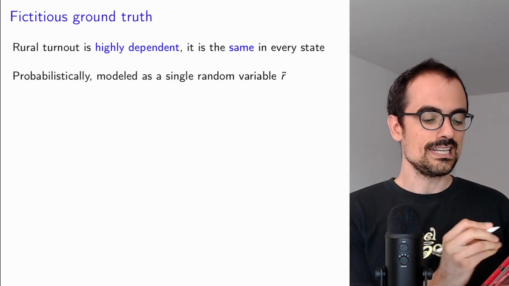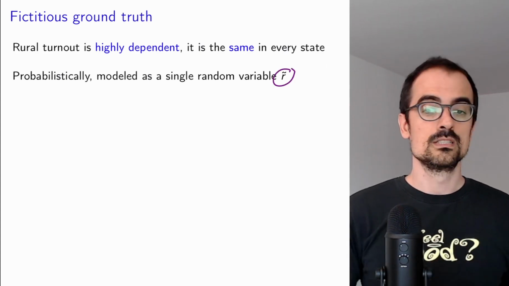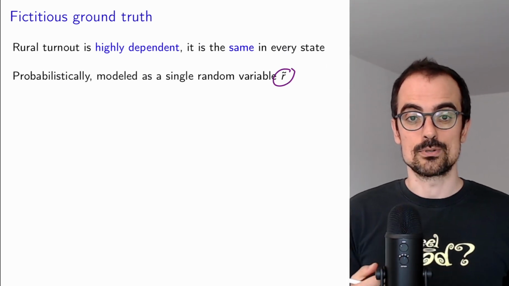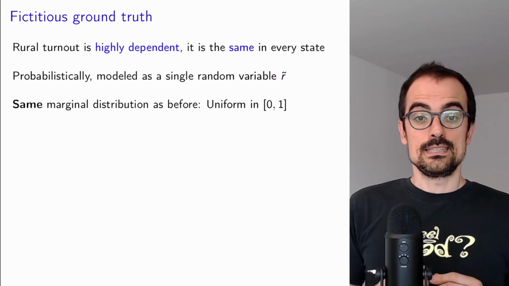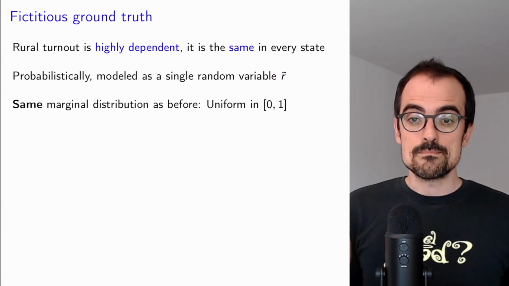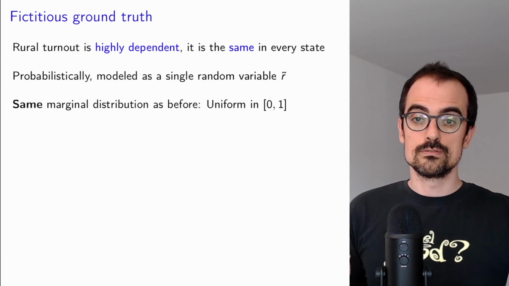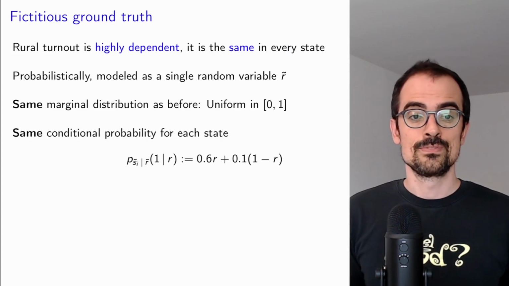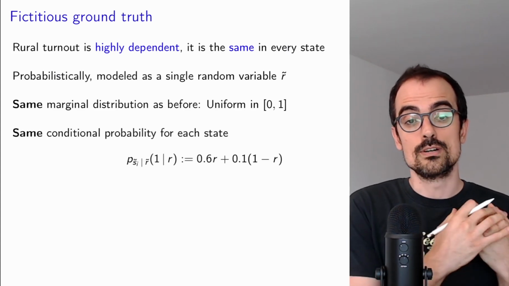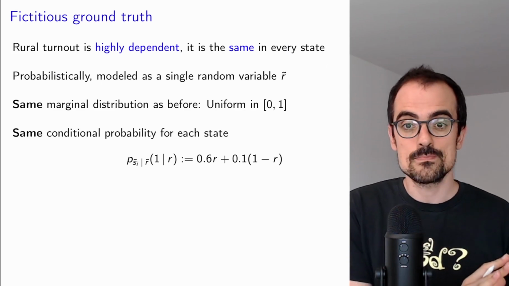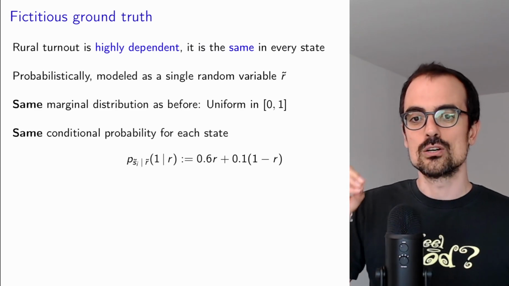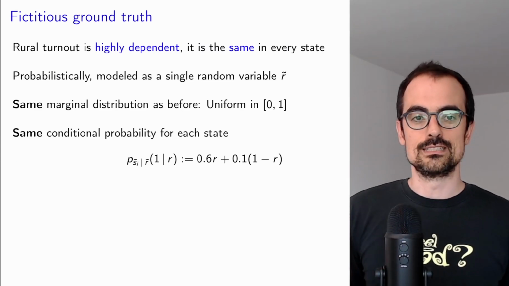So probabilistically, now we have a single random variable that represents the rural turnout instead of 51 separate random variables. This random variable is going to have exactly the same marginal distribution as those individual 51 random variables before. It's going to be uniform between 0 and 1. And the conditional probability for each state is going to be exactly the same, except that now they're conditioned on the same random variable instead of on a separate random variable for each state.